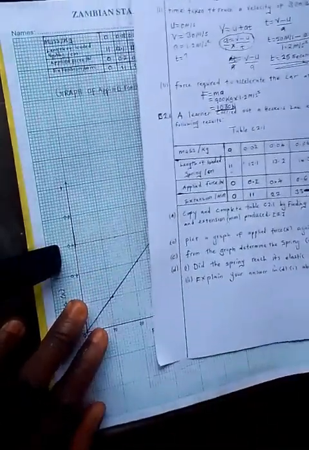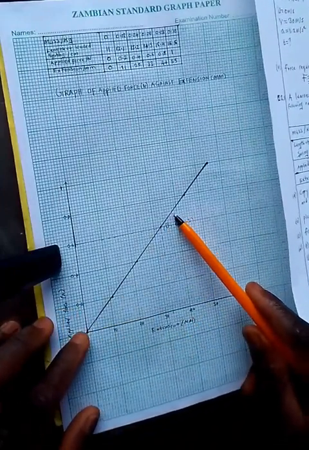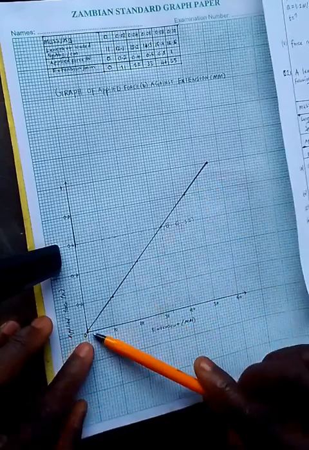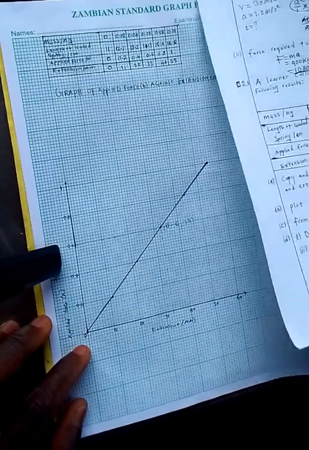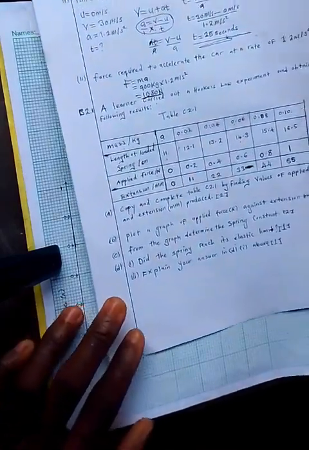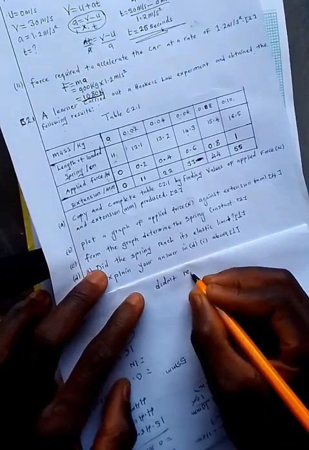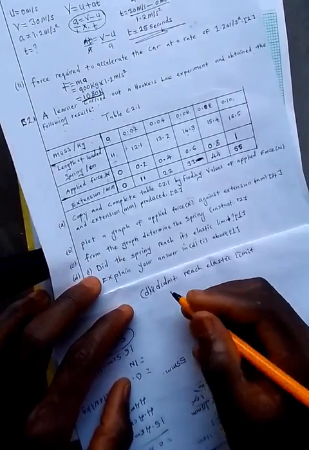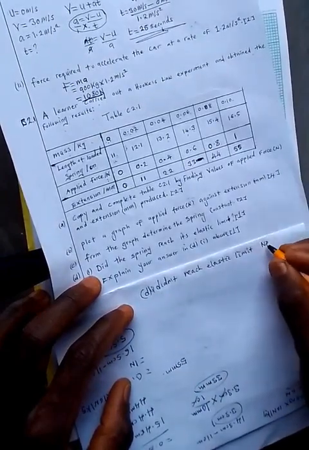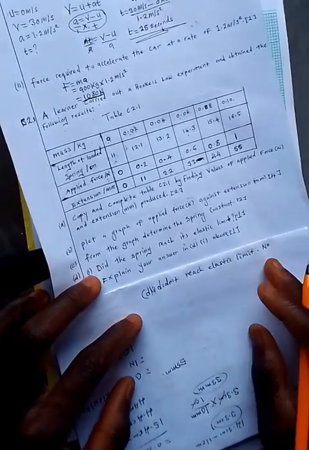Now, according to the curve that we have here, this spring didn't reach the elastic limit. So we are just going to say the spring didn't reach the elastic limit. That's the answer. Or if you want, you can just say no.